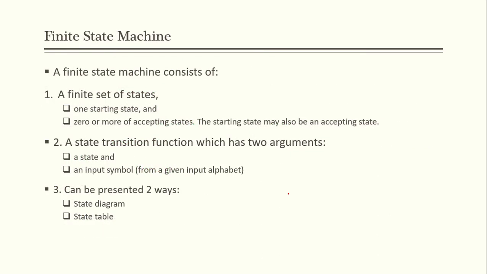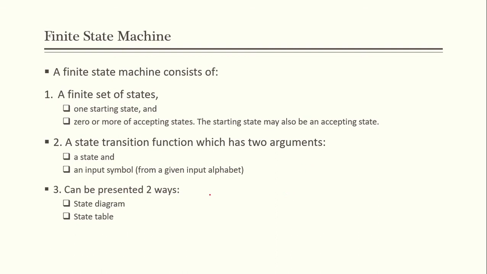Okay, let's look into a finite state machine. We use a finite state machine to process our formal language, so that it can be processed by the compiler. A finite state machine consists of a set of states, and these states include a starting state and also a few accepting states. Second, we need a state transition function, which takes a state and an input symbol.